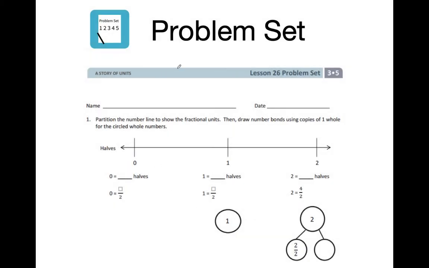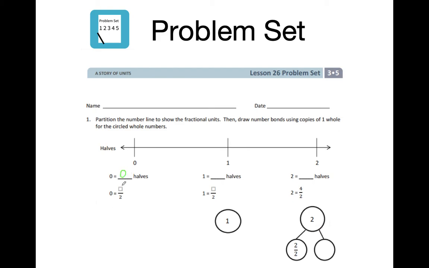Now you are going to see there's going to be a worksheet for you guys to briefly work on. What it's going to be asking you to do is to think about how much of that fractional unit is in a whole number. So for example, how many halves are in 0?